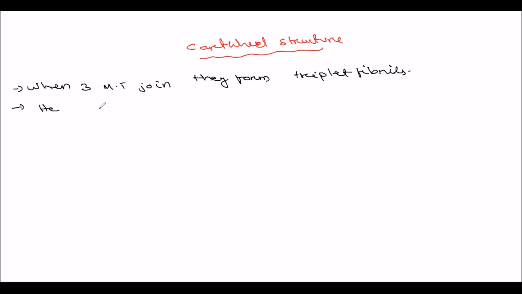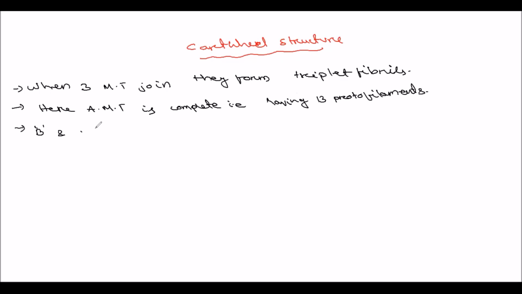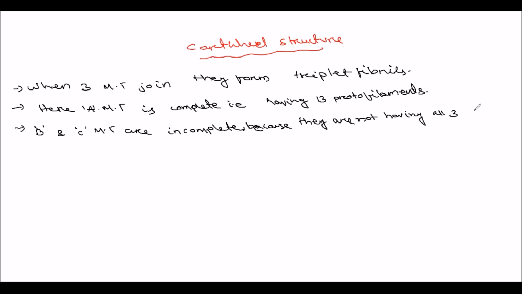Here the A microtubule is complete, having 13 protofilaments, but the B and C microtubules are incomplete because they do not have all 13 protofilaments.